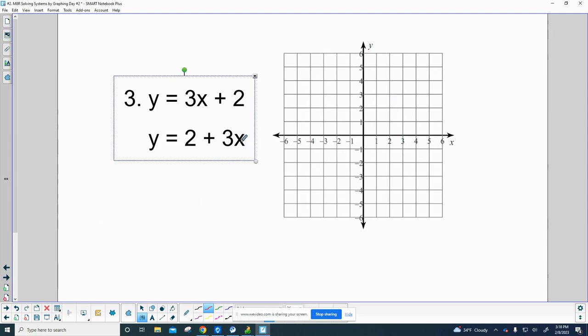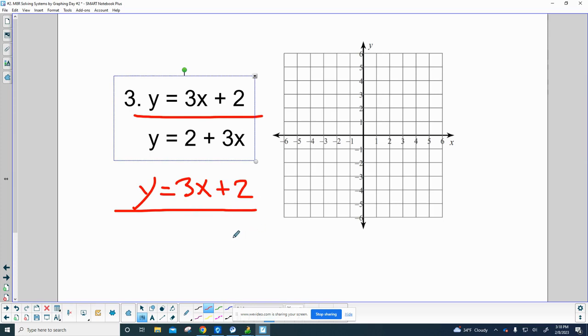Now, if you notice, these two have been rearranged, kind of like the ones we saw in an earlier example. This bottom one could be put in slope-intercept form, meaning we're going to put the x term right behind the equal sign, and the constant term will be the last thing that shows up. You'll notice that we have the exact same equation in each case.